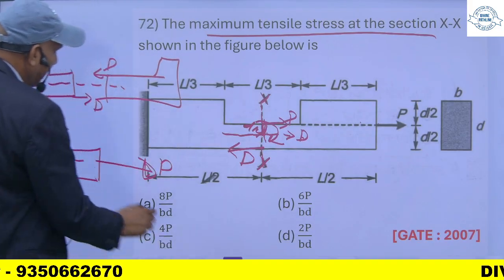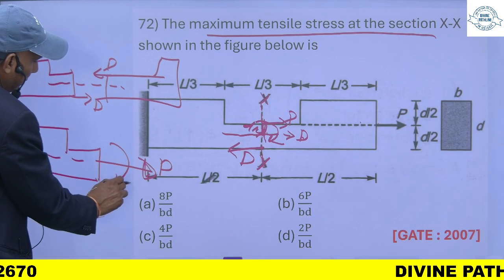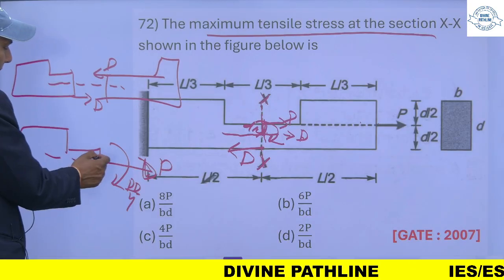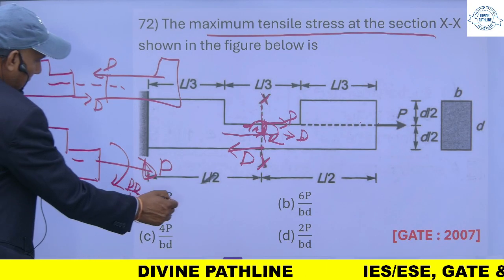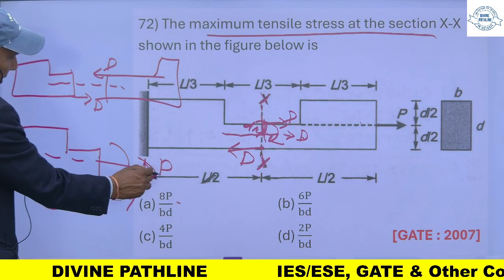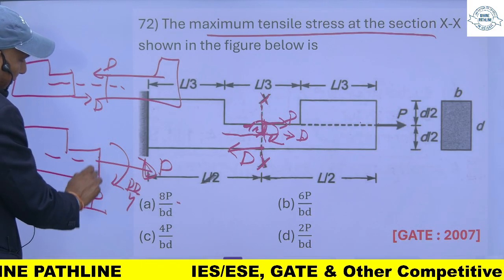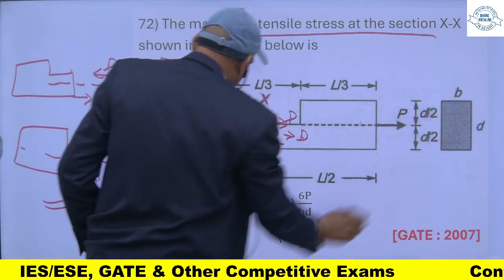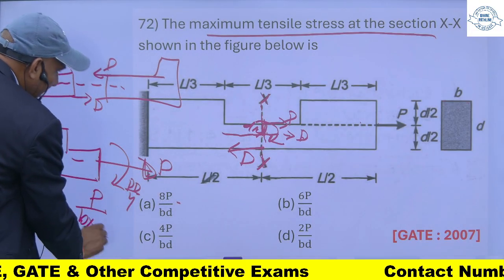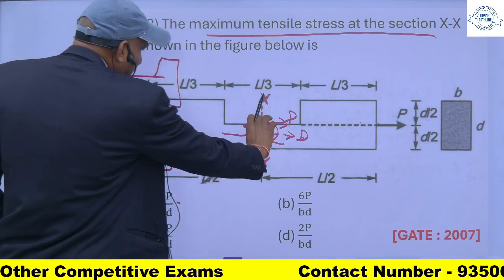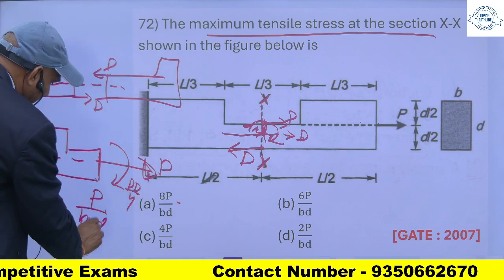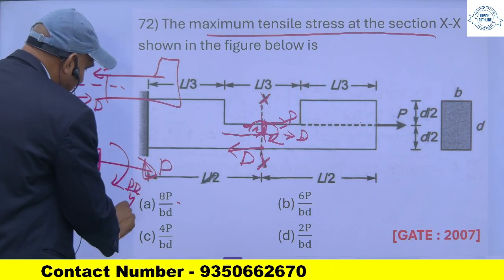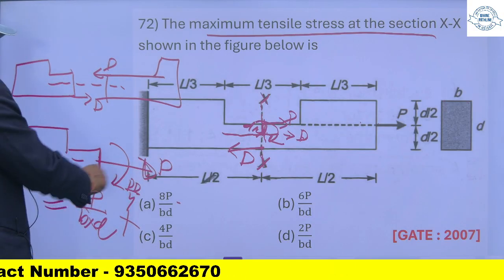So this is P into D by 4, this is the moment. So the total tensile stress at this point will be, one, because of this P, P upon area, where the width is B and the depth is D by 2. This is due to direct tensile force, plus due to this moment.